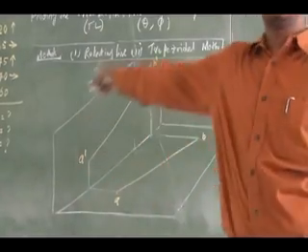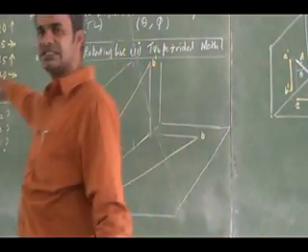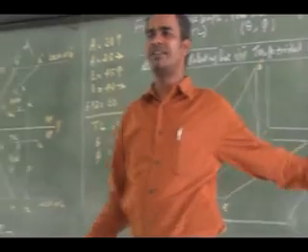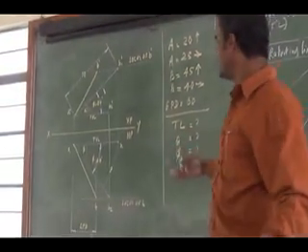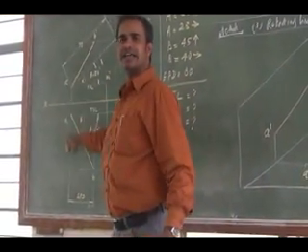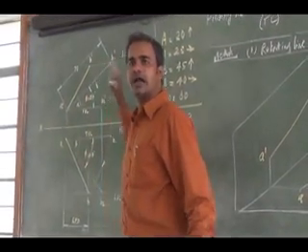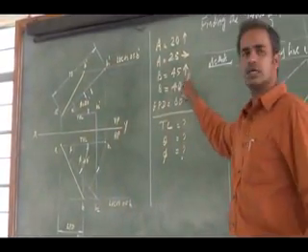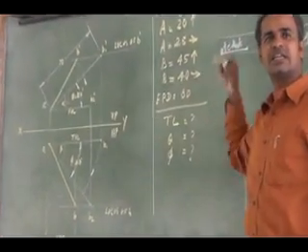Straight away, as in the previous problem in the last lecture, plot the data given. One end's projections are given, that is A dash and A, and I can mark them. Another end, end B, has an above distance and an in front of distance.